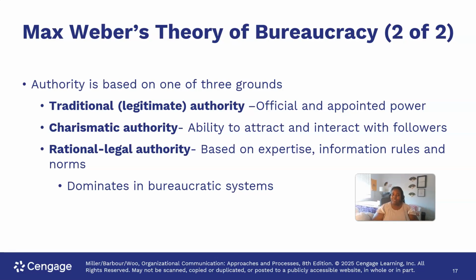Then we have charismatic authority, the ability to attract and interact with followers. Think about influencers, notable celebrities or notable politicians. But then we have rational legal authority. This is based on expertise, information, rules, and norms. In current and especially those bureaucratic systems, that's important.